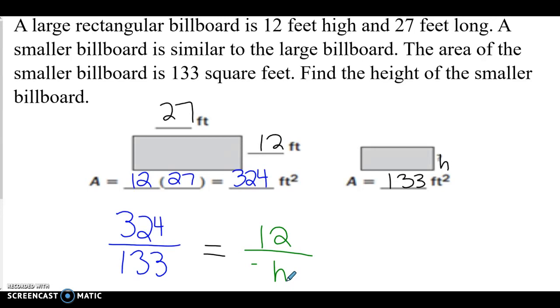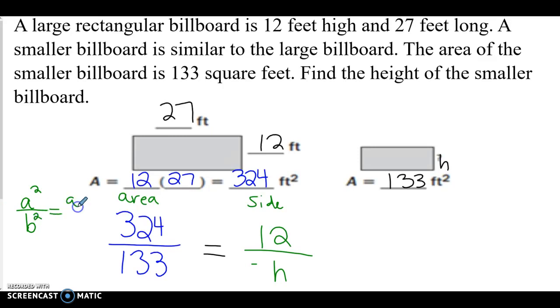We have an area ratio on this side and a side length ratio on this side. Are those two equal? Are those the same thing? No. So what do I need to do to the side length ratio side to get it equal to the area one?